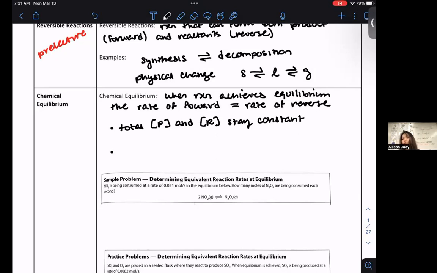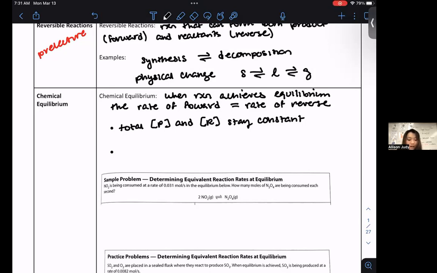That's a really good indicator that you've reached equilibrium, because this is of course assuming that you know you're working with a reversible reaction, okay? And you see that as a reaction runs, your product and reactant concentrations aren't changing, but you know that the forward and reverse are happening still, they're dynamically still actively happening. That means that you know you reached equilibrium because the rate of the forward, the rate of production, is equal to the rate of reverse, the rate of undoing, and therefore your net change in concentration is nothing.